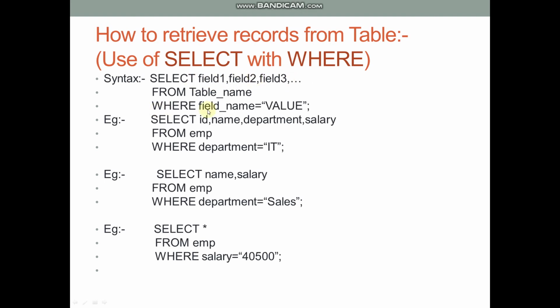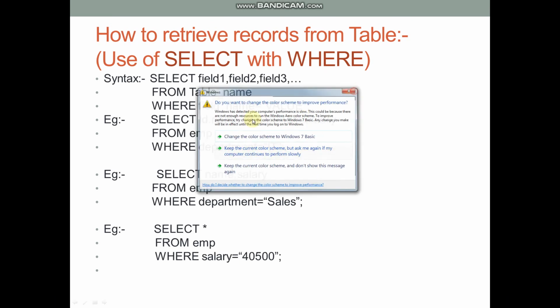Now the third clause, the where clause, specifies a particular criteria or filter on a condition, like where field name is equal to value, or a condition like where department is equal to IT. That means if somebody wants to display a list of all employees from the IT department only, then the where clause will help in this way.